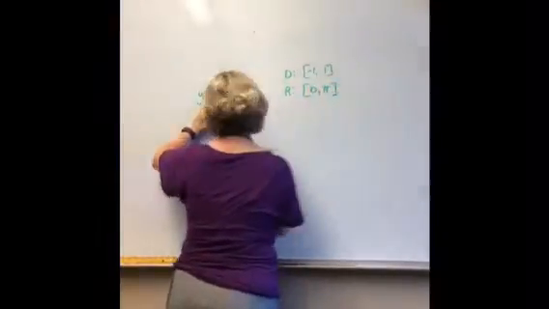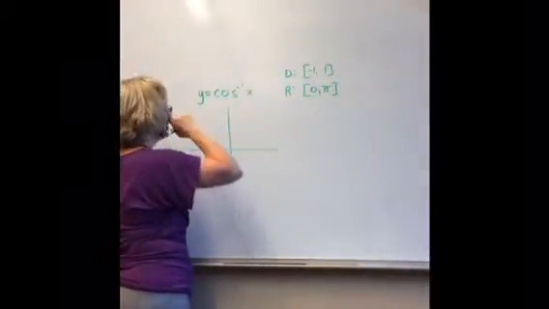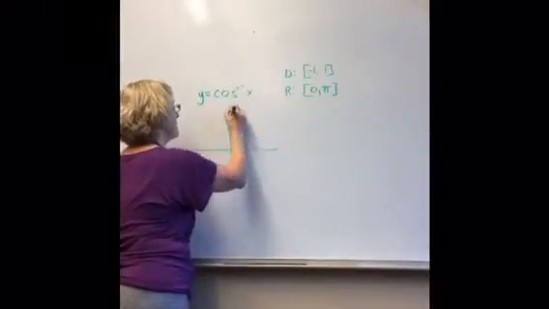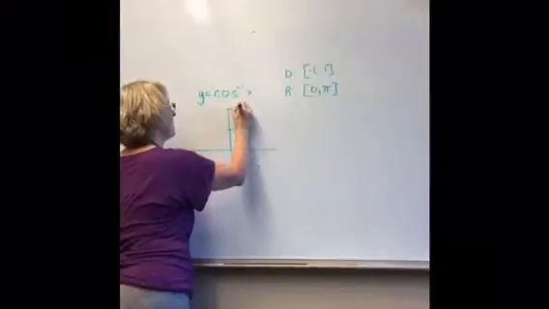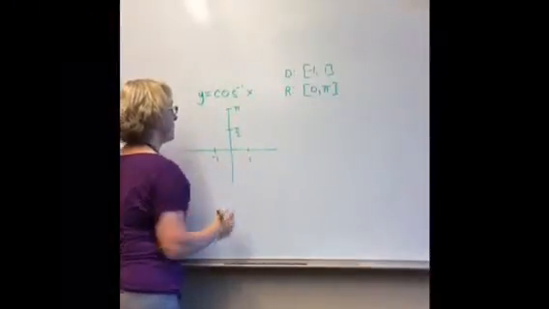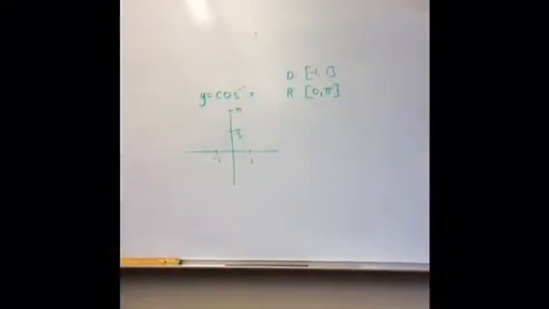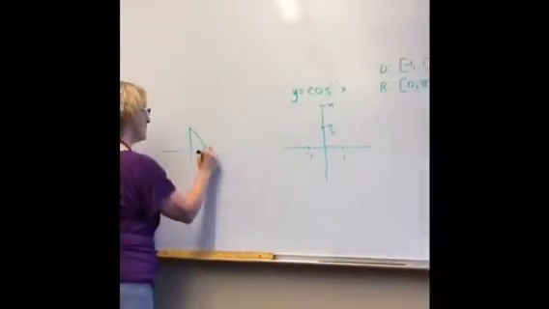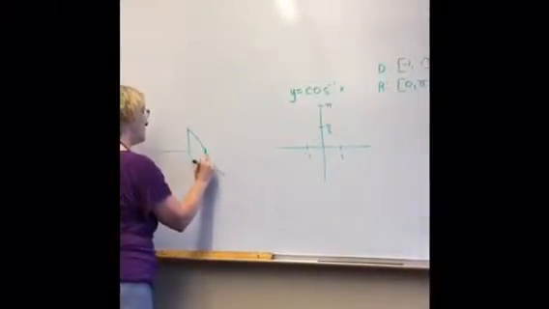Okay, so I'm going to go, the range, here's pi over 2, and here's pi. Here's negative 1 to 1. Now, here's what I like to do. The regular cos graph goes like this, and that would be pi over 2.